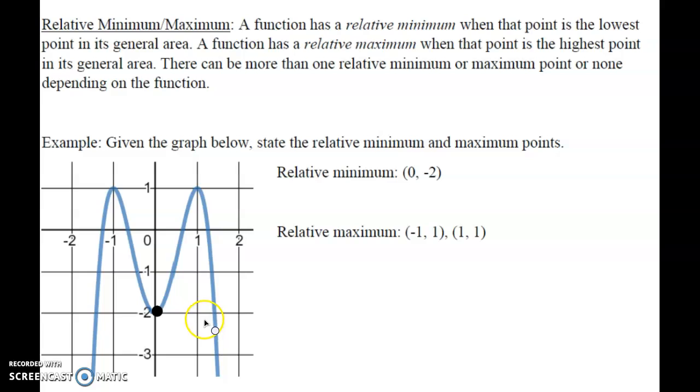And it's always written as a point, x comma y, so 0 comma -2. And relative maximum, in this case, there are two of them, here and here. We have this relative maximum point at -1, 1, highest point in its general area. This relative maximum point here at 1, 1, again, the highest point in its general area.